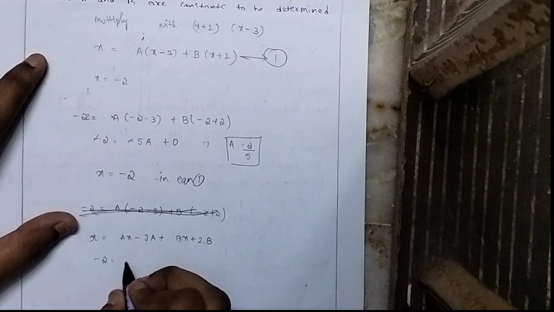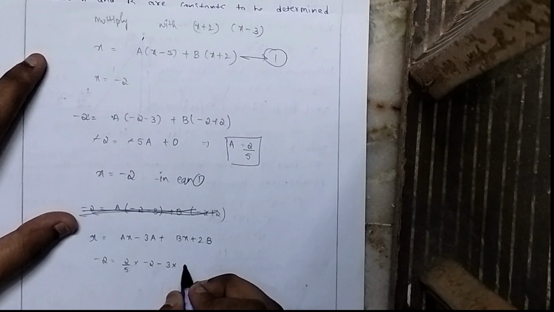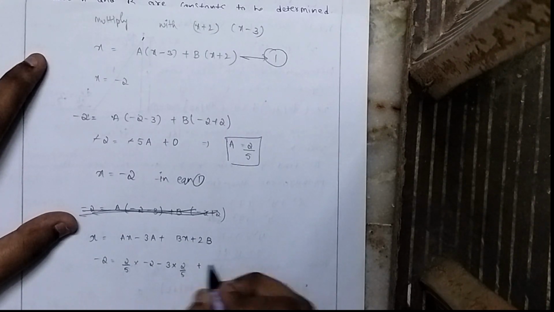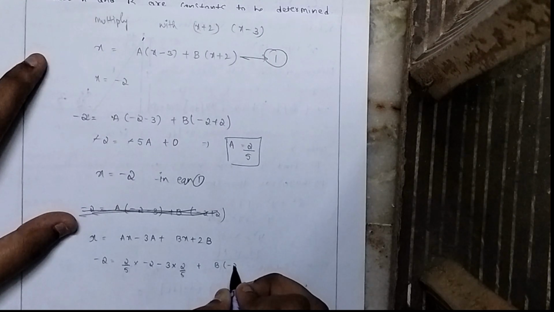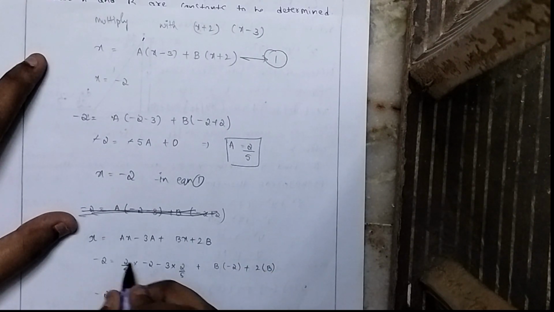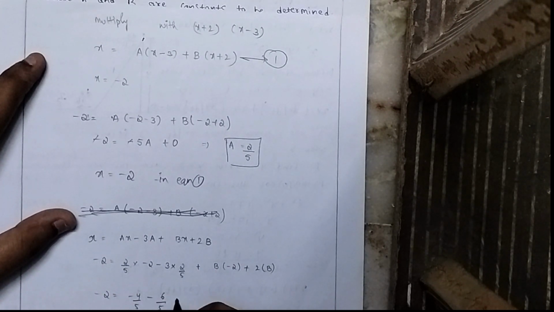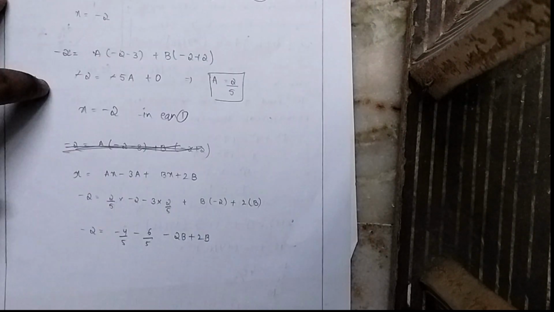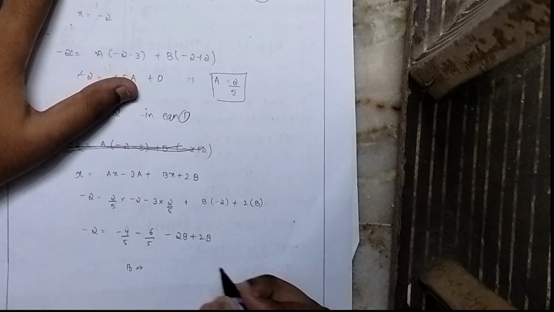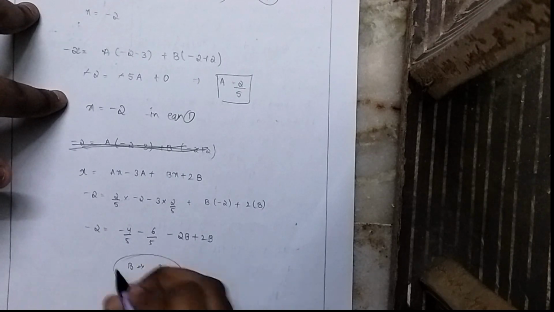That means minus 2 equals, already we got the value a as 2 by 5, into (minus 2 minus 3) into 2 by 5 plus b of (minus 2 plus 2) into b. Minus 2 equals 2 into minus 2 by 5 minus 4 by 5 minus 6 by 5 minus 2b plus 2b. So from this we get the value of b. So here we get the value of b as 3 by 5.